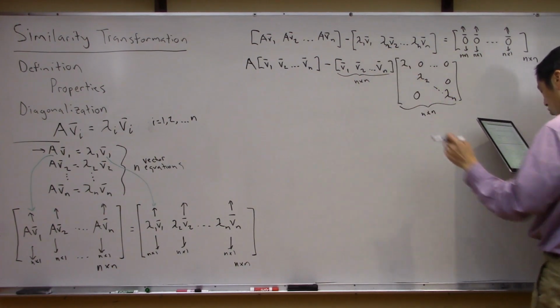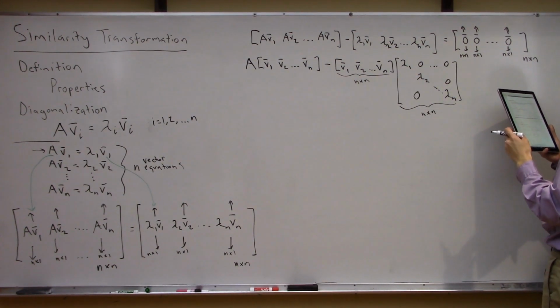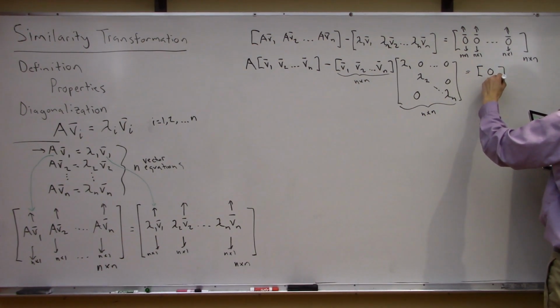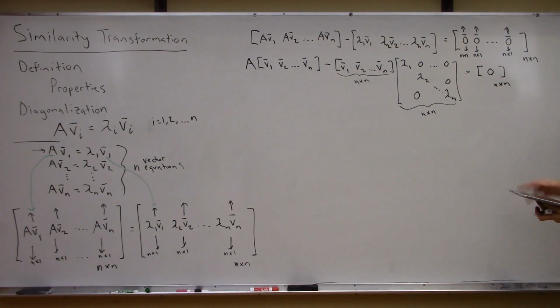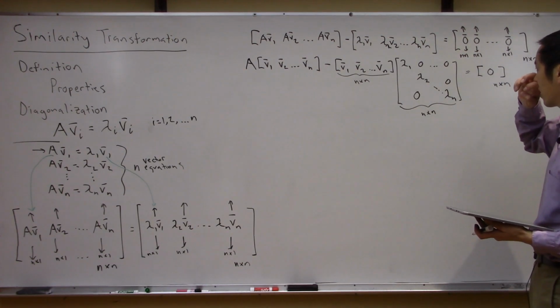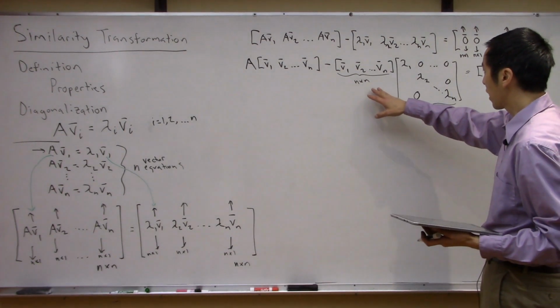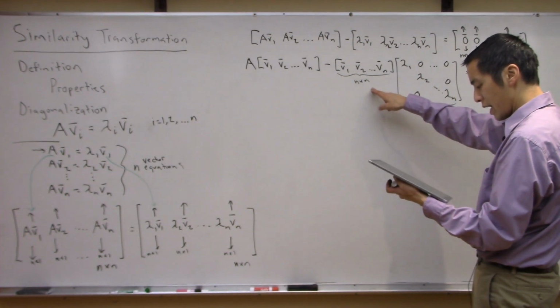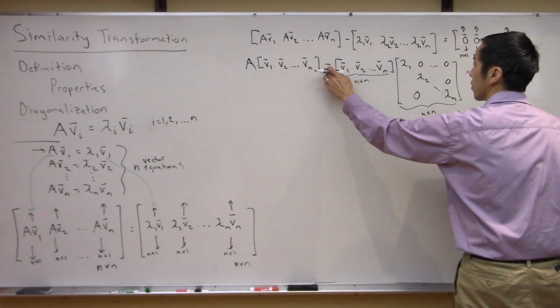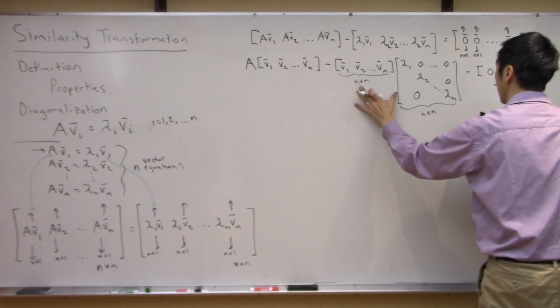Okay, so again, this is equal to this big giant 0 matrix on the other side, right? Okay, great. Sorry for moving things back and forth, but let's go ahead and move this to the other side.